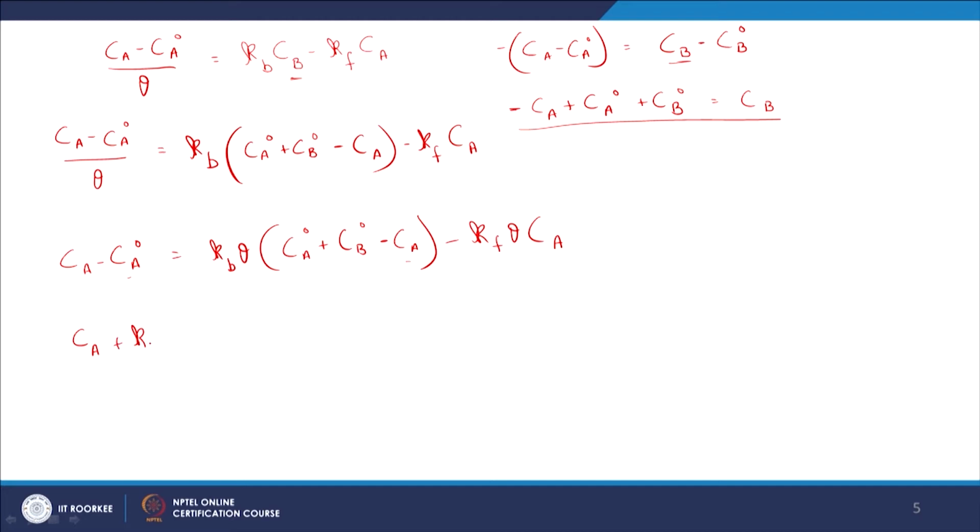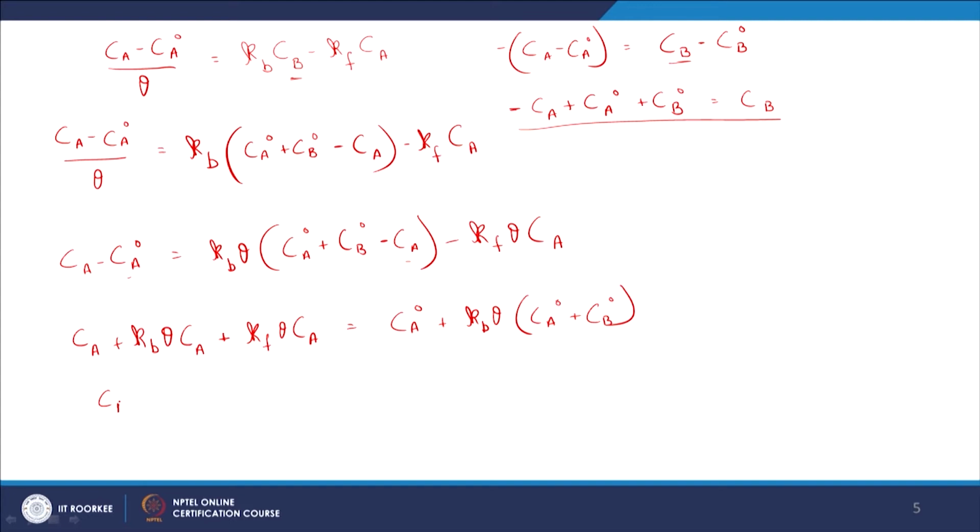Plus Kb theta Ca and again plus Kf theta Ca is going to be equal to Ca naught, right, plus Kb theta into Ca naught plus Cb naught, right. And then obviously solving for Ca, what is that going to end up with?